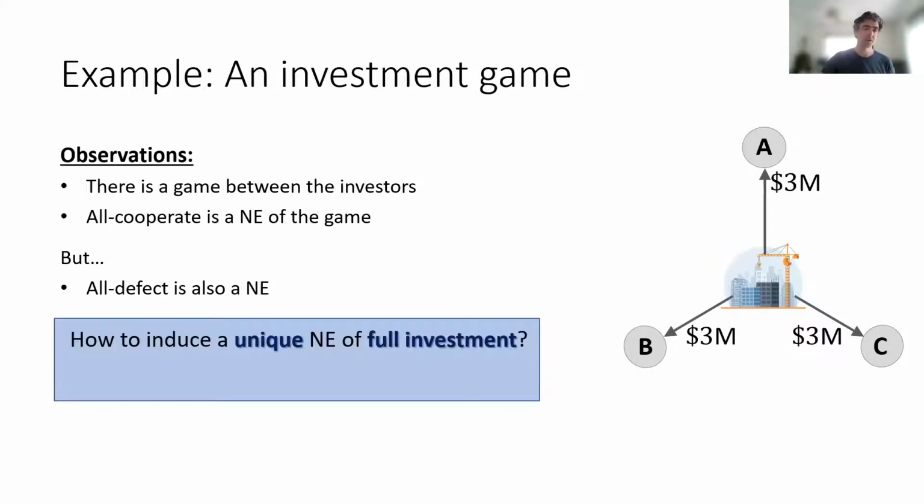So we're going to ask how to induce a unique equilibrium of full investment. And we're going to use collateral contracts and study how they can do that. A collateral contract is a financial instrument that aims to give security to investors. Of course, securing collaterals has some cost, like buying insurance, and a firm would prefer to give less collateral if it can.